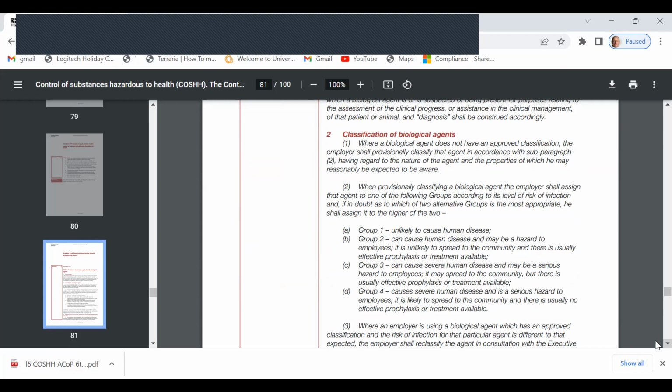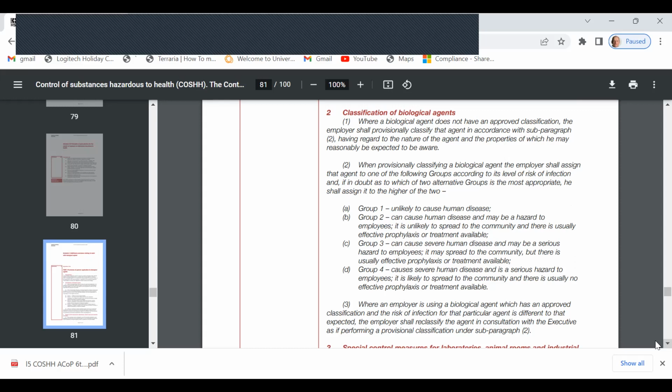Okay, so when you go down to 2 there, and then you go A through to D, you can see the 4 groups based on level of risk. So group 1, unlikely to cause human disease. Group 2, can cause human disease and may be a hazard to employees, but unlikely to spread to the community.